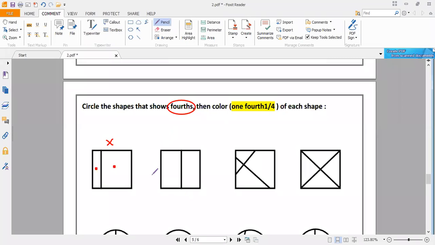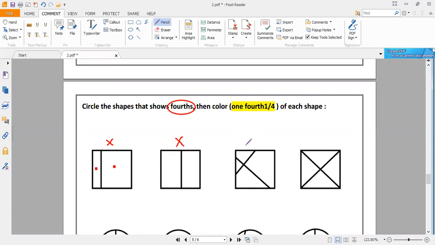Okay, the second shape, does this show fourths? No. Okay, the third shape, does this show fourths? Yes. Are you sure? Why yes? We said there is a very important word we have to pay attention to. Fourths, Sidra, means four equal parts.